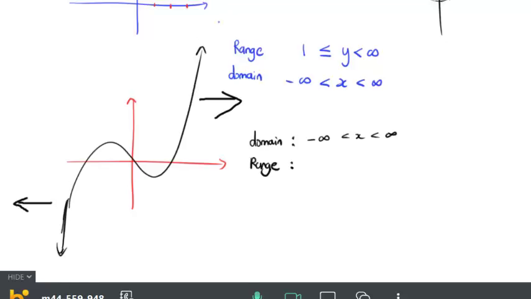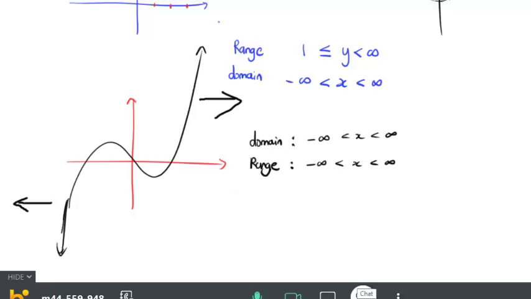It traces all the values of real numbers, and there is this down and up movement here, but that doesn't affect anything about the range. So the range goes from negative infinity to infinity. So that's the answer for that one.